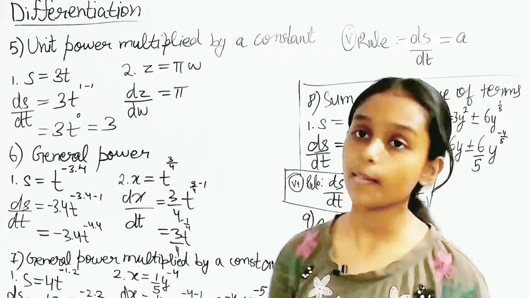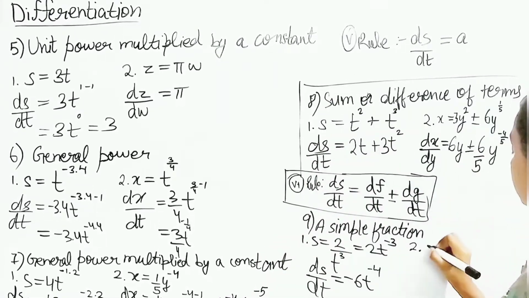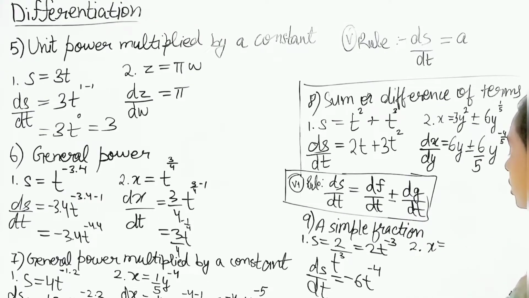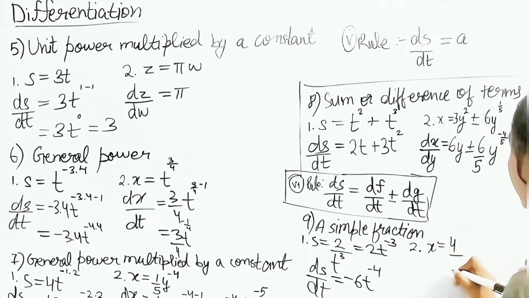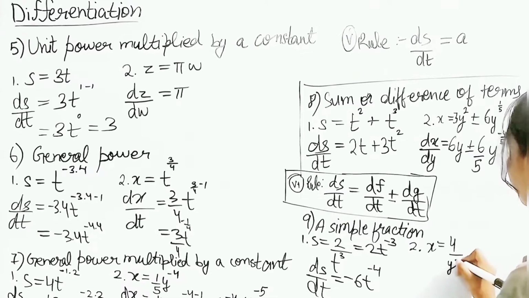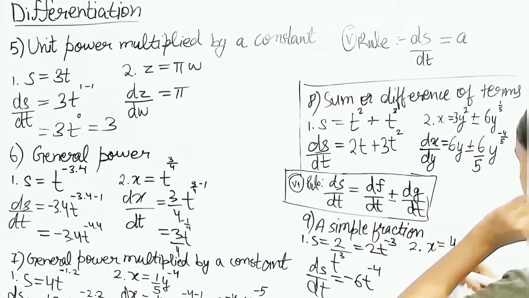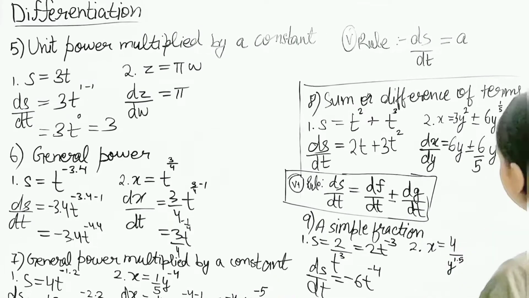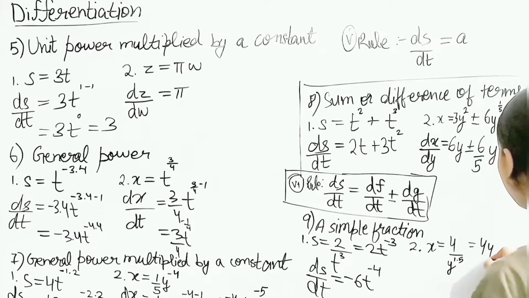Let's see the second one. Let's take x is equal to 4 by y to the power 1.5. First of all, 4 into y to the power -1.5.